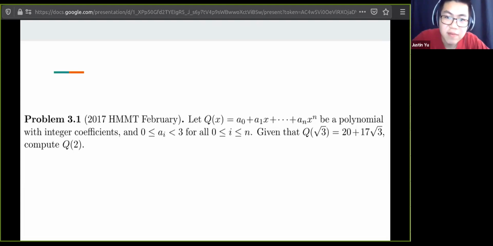Okay, let's get started. Somebody asked, this is solvable. Yes, it actually is. And that's actually really cool.